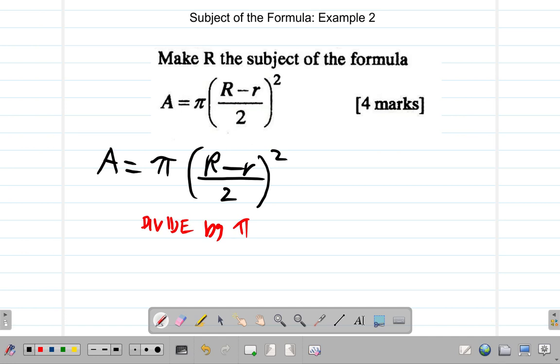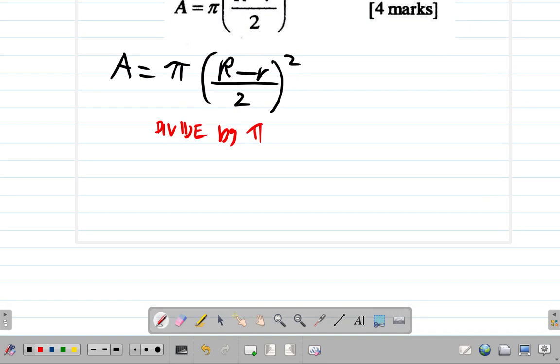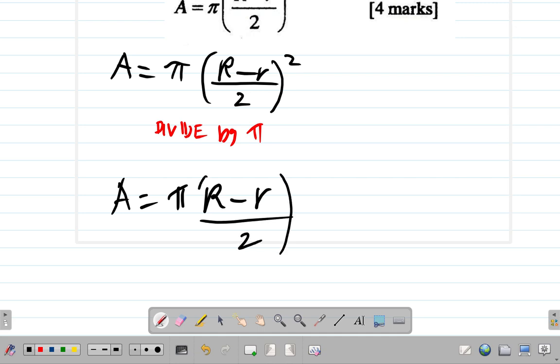So what we have, when we divide by pi, we have A equals pi times big R minus small r over 2, squared. We divide this by pi so that we get rid of the pi. Remember, we want to get rid of the pi, get rid of the square root, get rid of the 2, and get rid of the small r to leave big R alone.